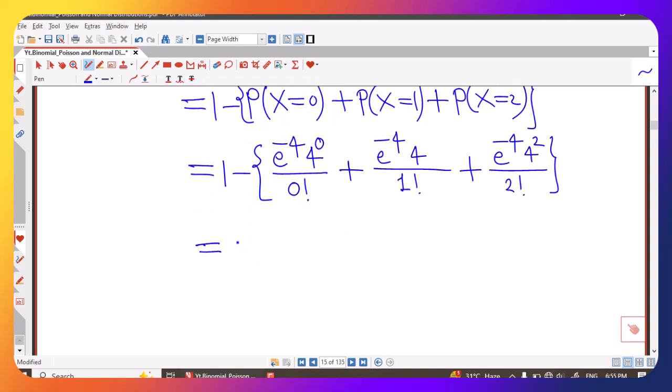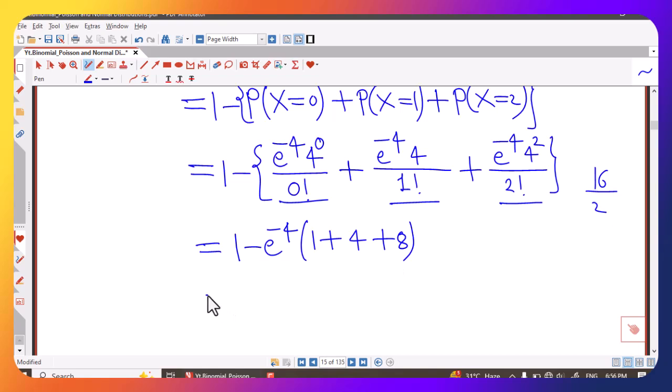And now you can see in each term we have this quantity as common, so we take it outside the bracket. 4 raised to 0 is 1, 0 factorial is 1, therefore we consider 1 here, plus 4 squared, that is 16 divided by 2, which is 8. So this is now 13 times e raised to minus 4.